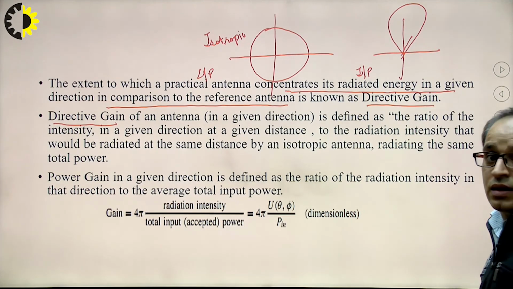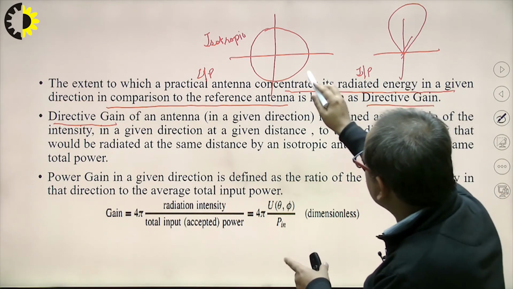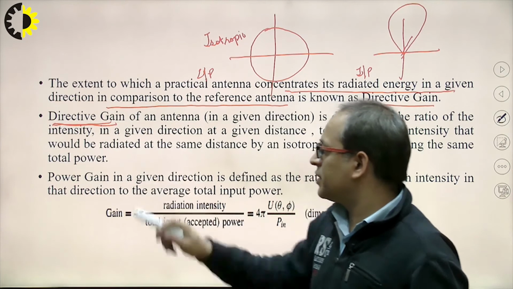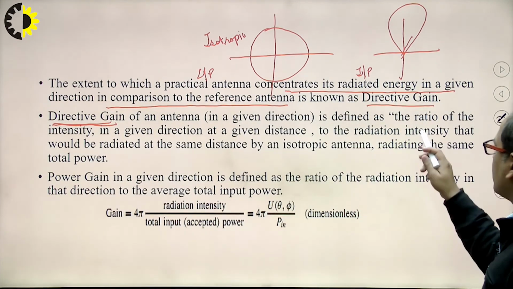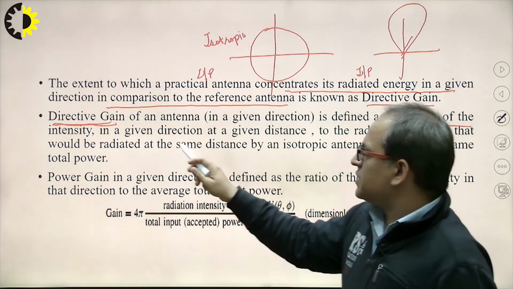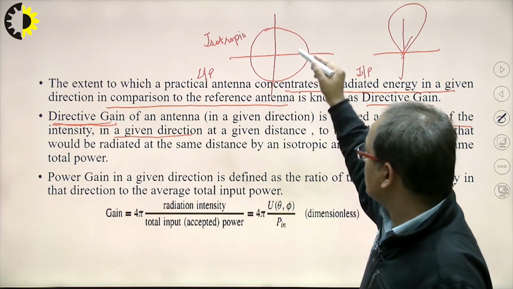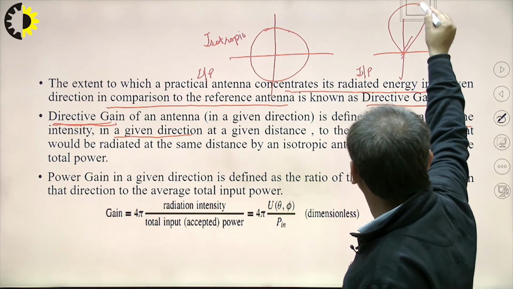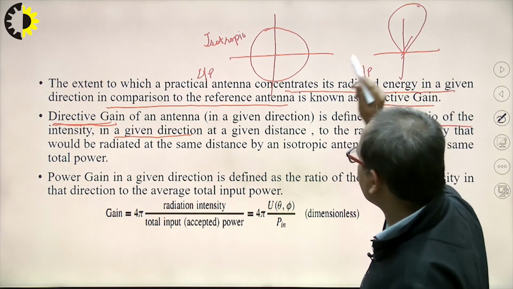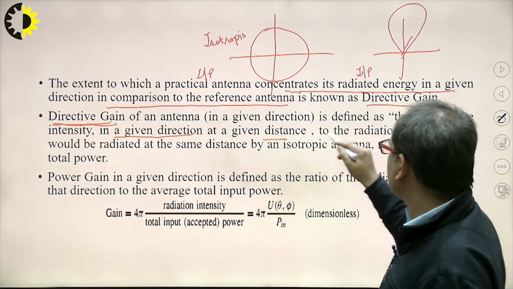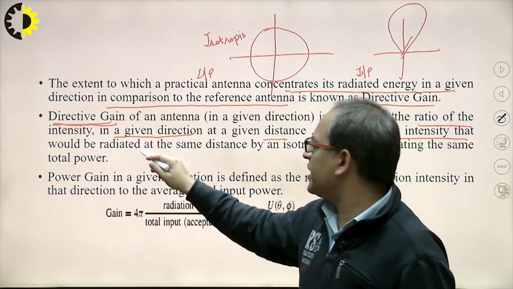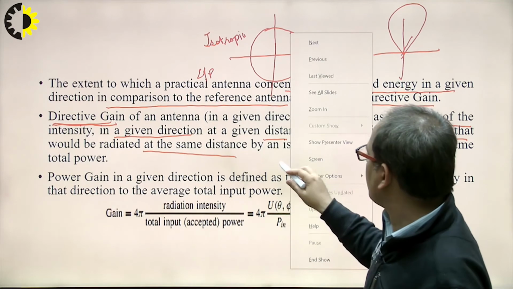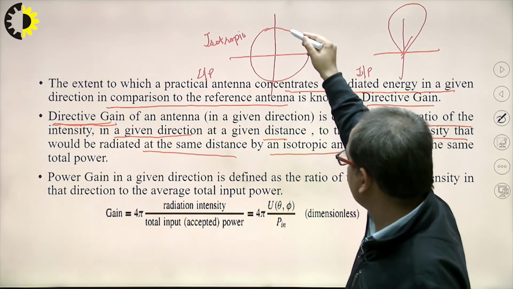In comparison of this and this, we can find the directive gain: the ratio of radiation intensity in a given direction, let's say this one, at a given distance to the radiation intensity that would be radiated at the same distance by an isotropic antenna.